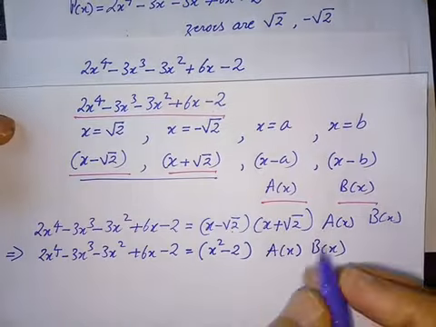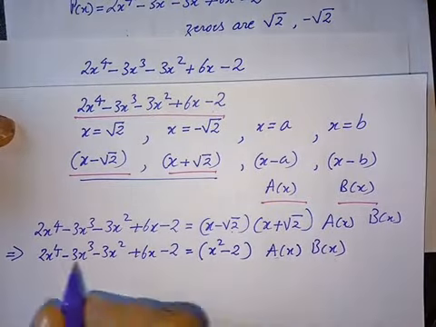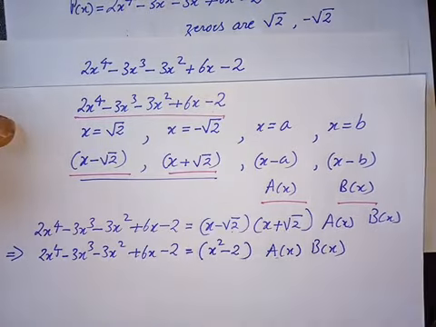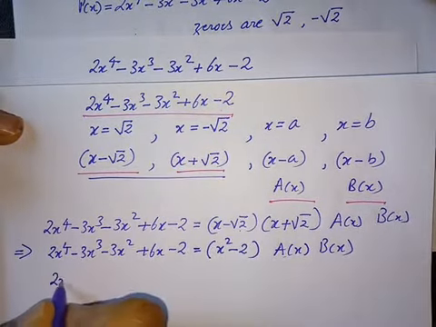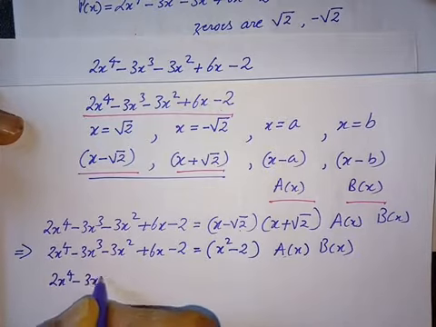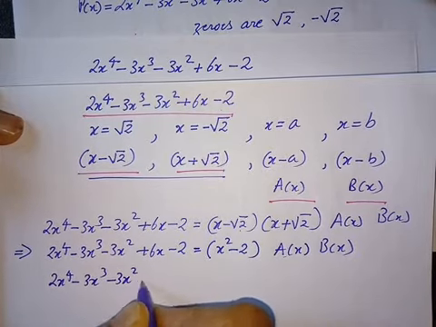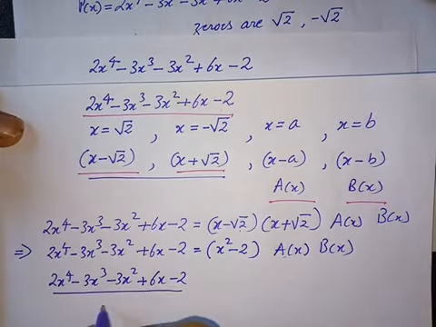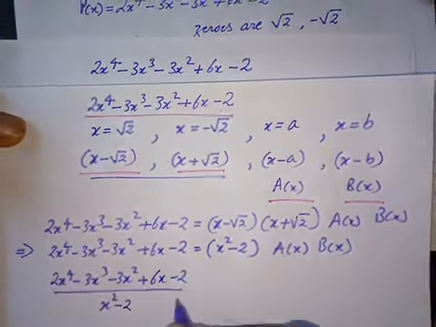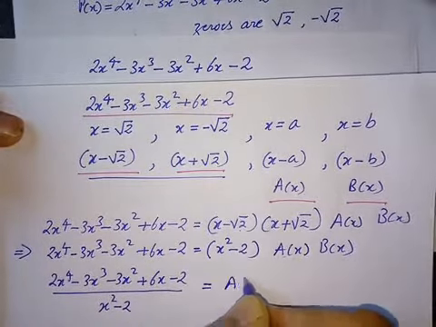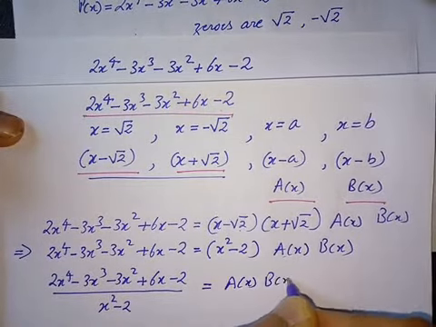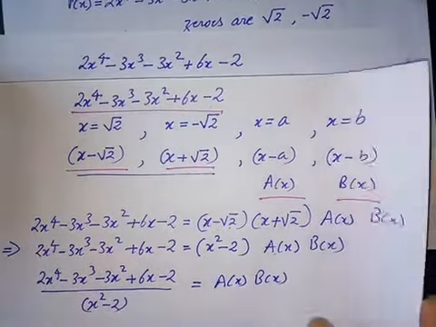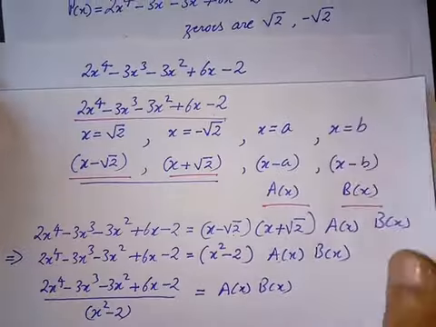Now to find the product of a(x) and b(x), we have to divide the polynomial by the product of the first two factors. So we will divide the polynomial by x square minus 2, so that we get the product of a(x) and b(x). For dividing this, we will be using the long division method.